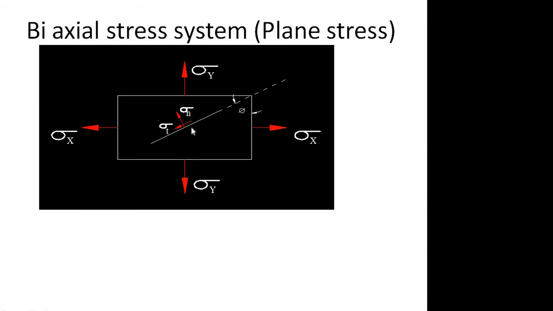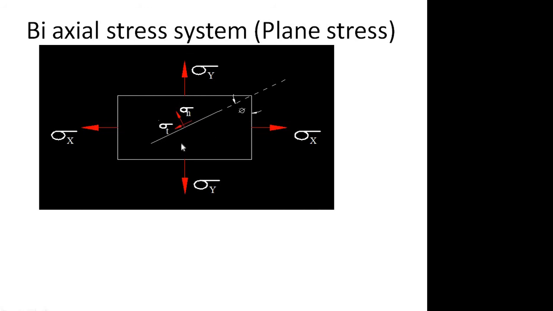Along this plane we will have some stresses acting over it. We can resolve the stress acting on it in a direction normal to this plane as well as tangential to this plane. When a stress is acting normal to the plane, we call it a normal stress. When it is acting tangential to it, we call it a tangential stress or shear stress.